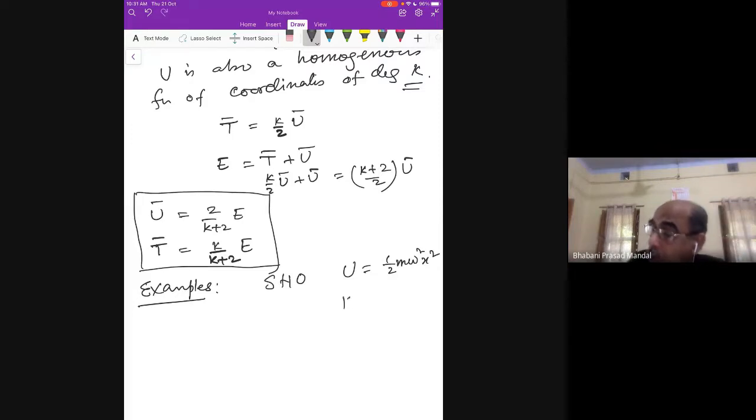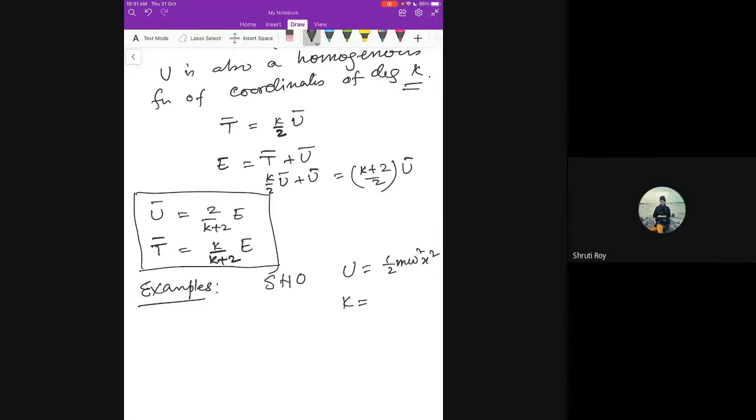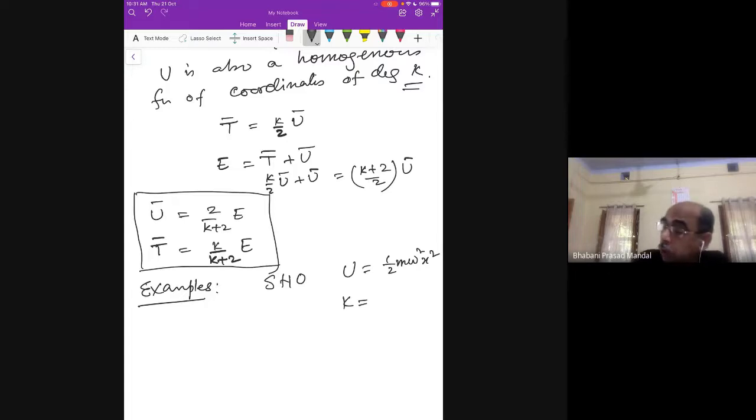So for this potential, k equal to 2. So I can get U bar with k equal to 2: it is half the total energy. T bar is also half the total energy. So U bar equals T bar. That you know. For a harmonic oscillator, average kinetic energy is the same as average potential energy. This you must have studied.